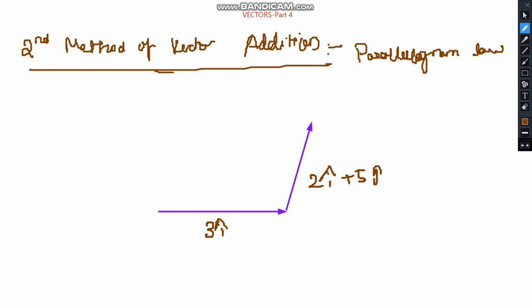We just replicate this vector, 2 i cap plus 5 j cap, on the other side. Just like that, we again recreate the 3 i cap. So this should also be 3 i cap, and this should also be 2 i cap plus 5 j cap.